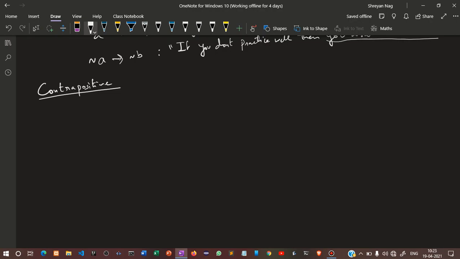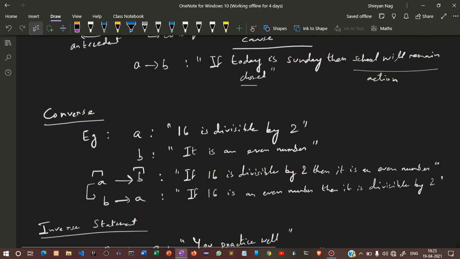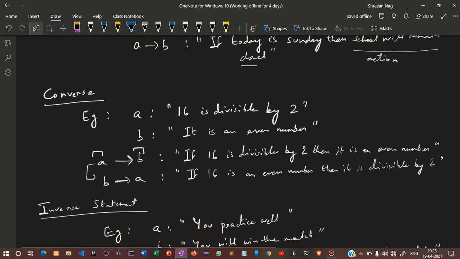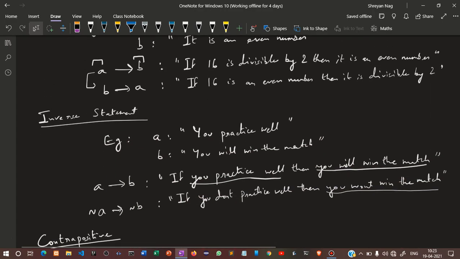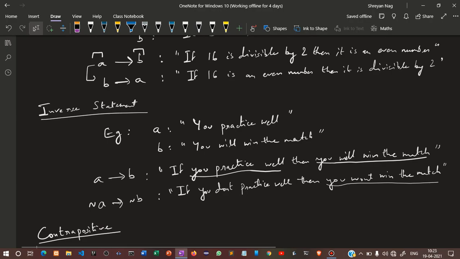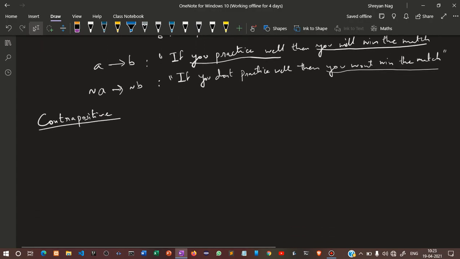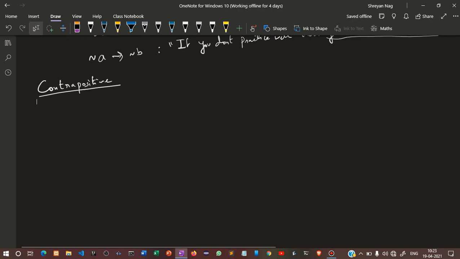In the inverse statement, we negate the antecedent and consequent. By combining both, we get the contrapositive. In contrapositive, first we do the converse of a statement, and then we do the inverse of the converse statement.